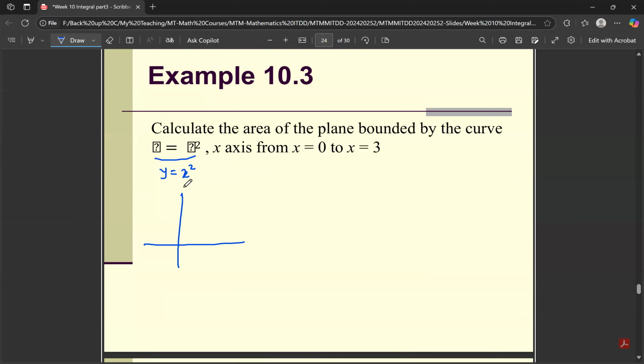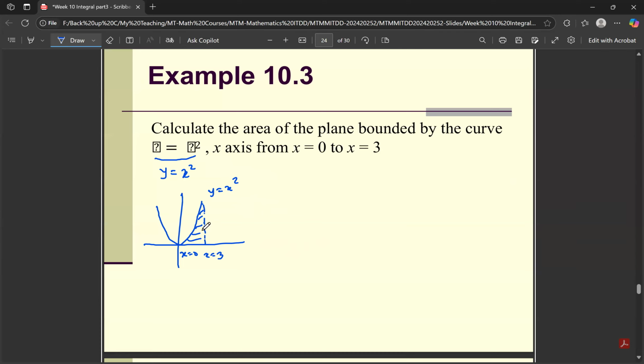For example, for y equals x squared, this is x equals 3 and this is x equals 0. So we have the area like this.